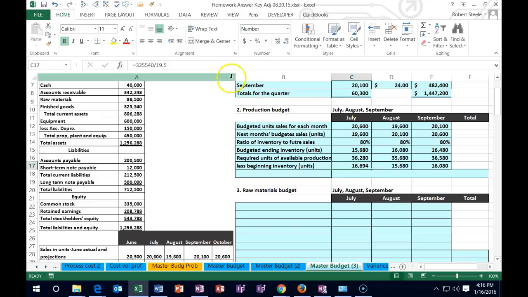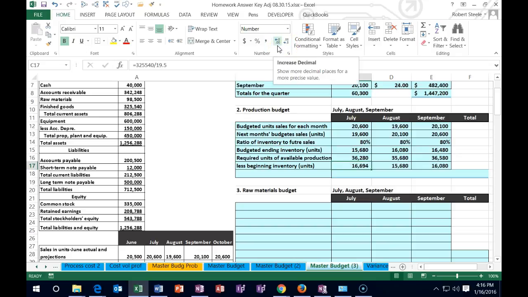Also want to note that there could be some rounding issues in these problems. So notice that this one I'm rounding to the dollar, and it's really got some pennies in there. We are budgeting, however, therefore, it's an estimate anyway, so a dollar rounding is not going to affect the budget in a material way. For that reason, I don't think using pennies is going to help us to make decisions that much.